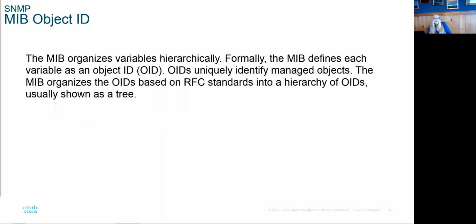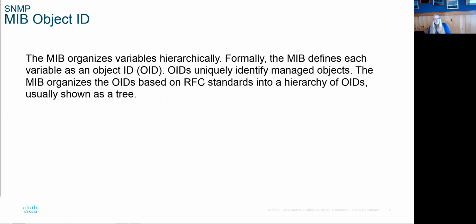The MIB tree for any given device includes some branches with variables common to many networking devices, and some branches with variables specific to that device or vendor. So RFCs will define some common public variables. Most devices implement these MIB variables.